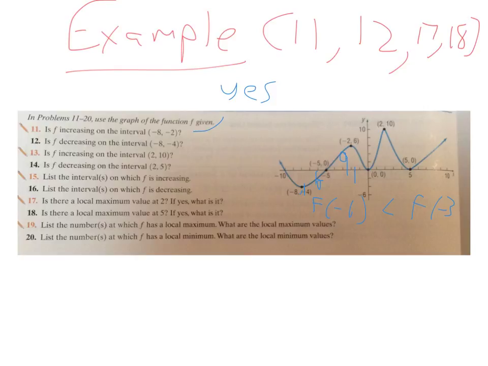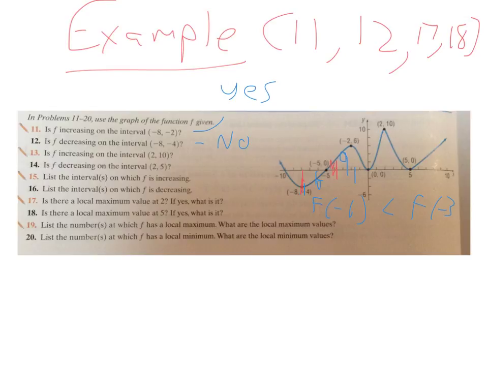Alright, and if it's increasing on the interval from -8 to -2, we know it's not decreasing on half the interval. From -8 to -4, you notice here the y values are still increasing on that part of the interval. If the y values are still increasing over the interval, that obviously means it's not decreasing.